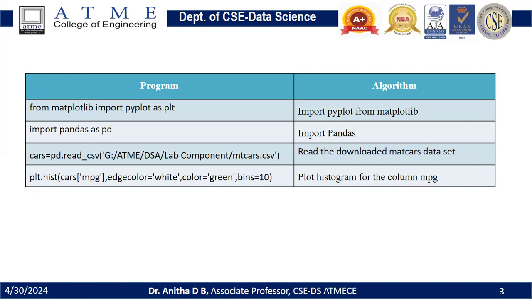Then color is equal to green, the entire histogram we will get in a green color. Then bins is equal to 10, so the range of the data, that is for the variable mpg, will be split into 10 parts. That is nothing but bins.